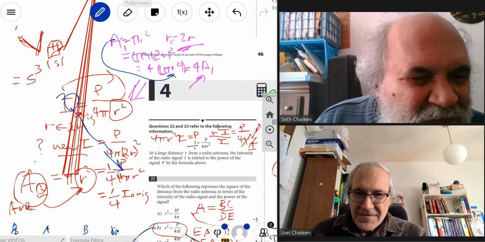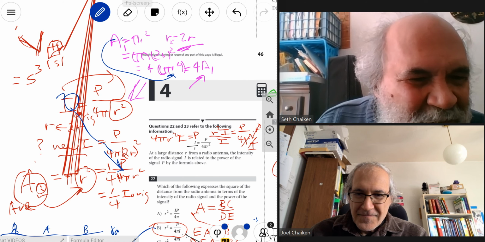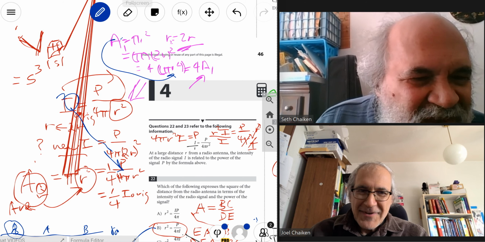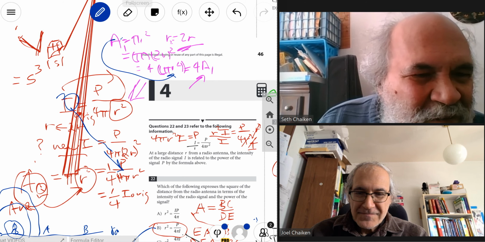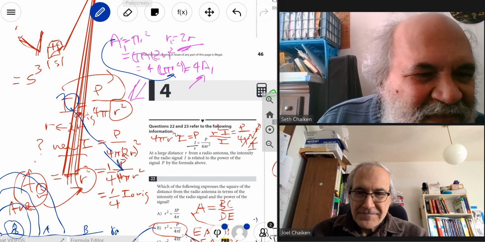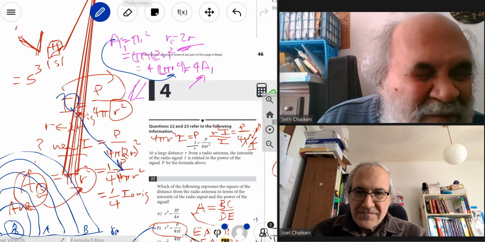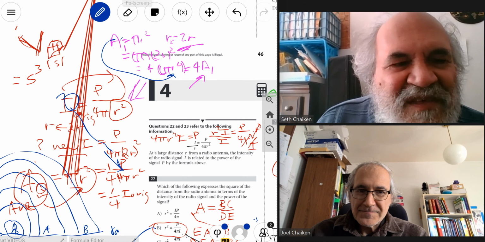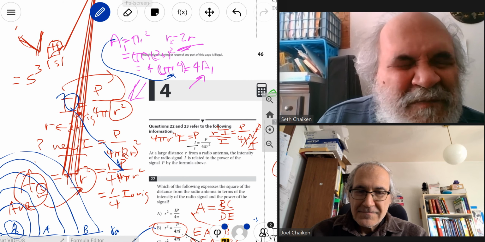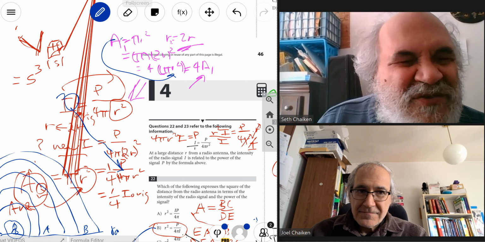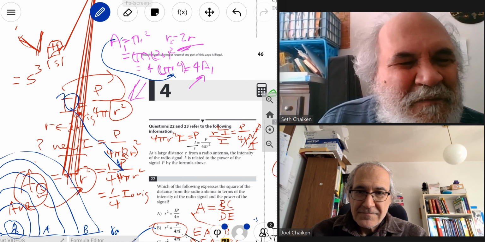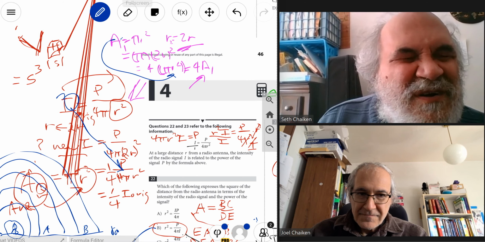Even though they're on the surface of the Earth, now we're getting a physics lesson. The signal goes out like this, in a sphere. And the same total energy is distributed over these longer and longer lines.